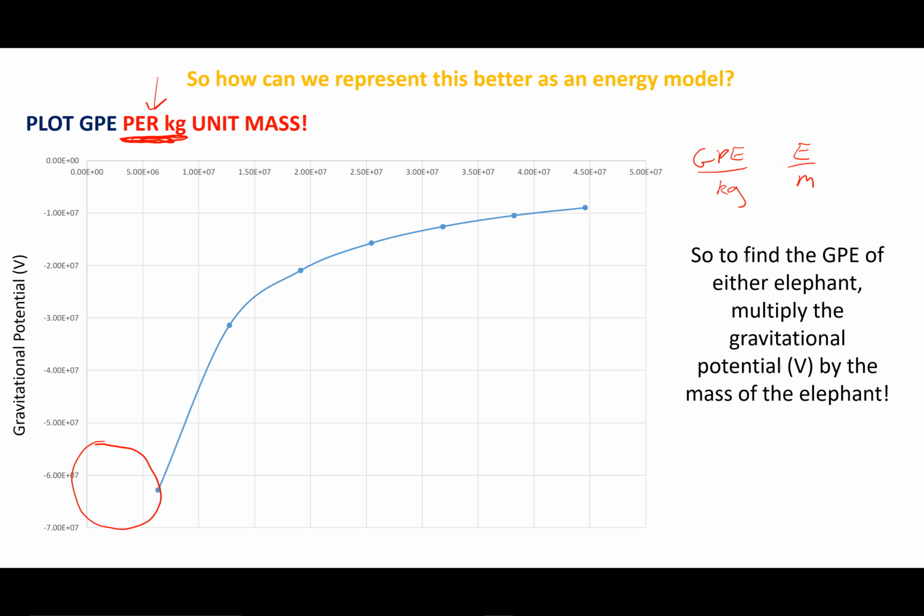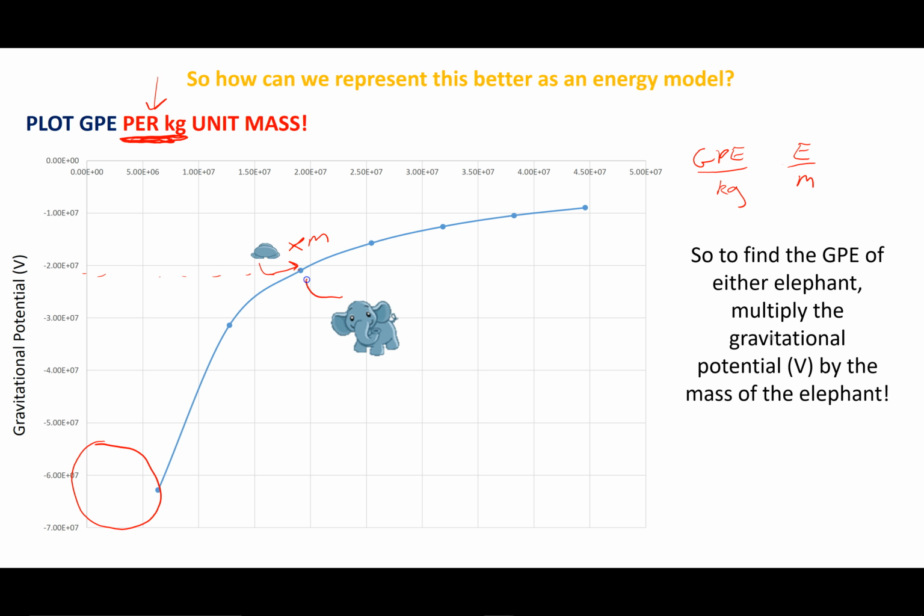Now, if I wanted to find the GPE of one of my elephants or both of my elephants, I could use this graph to do that. Because I know that the gravitational potential is the energy per kilogram unit mass, all I have to do is times my potential by the mass of this elephant, and that will give me the gravitational potential energy. If it's got this much energy per kilogram, then timesing the gravitational potential by the mass of the elephant will give me the energy of the elephant.